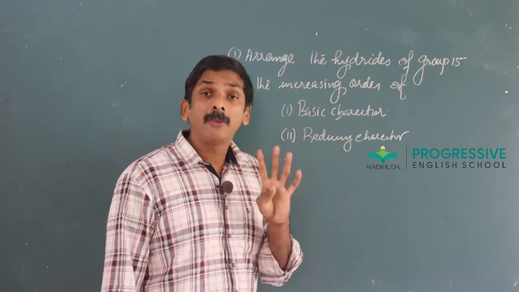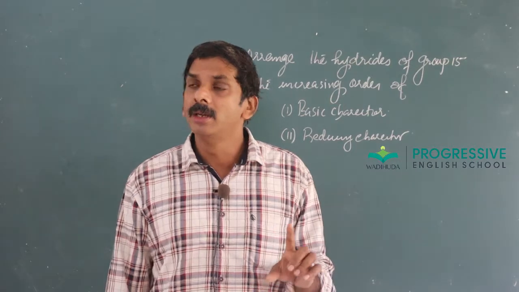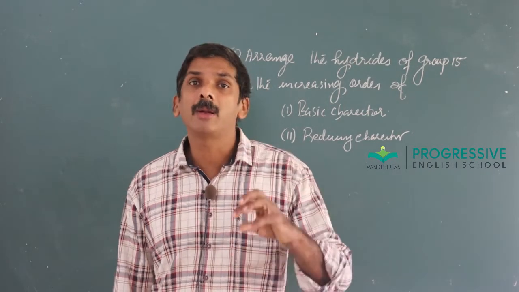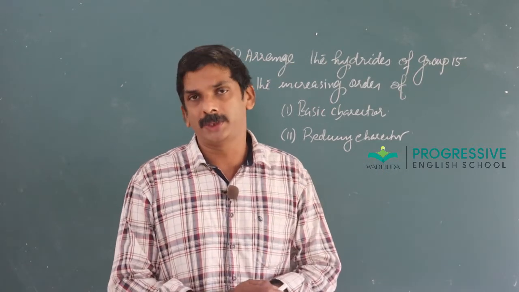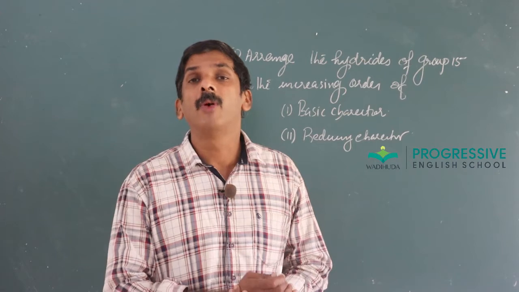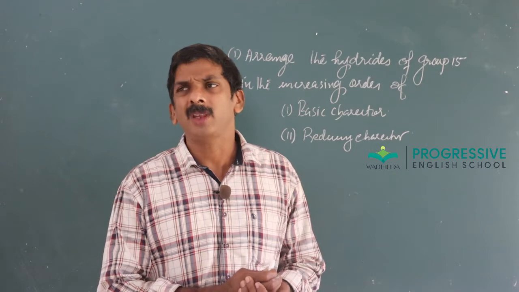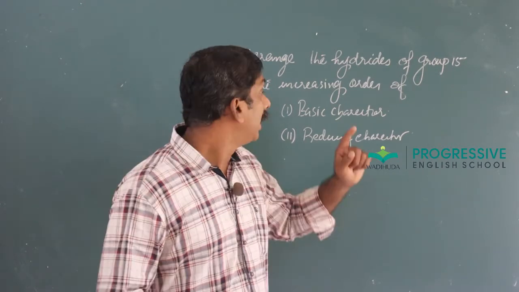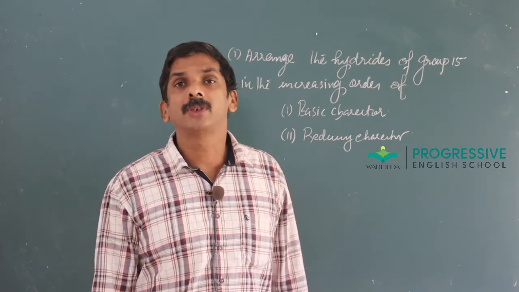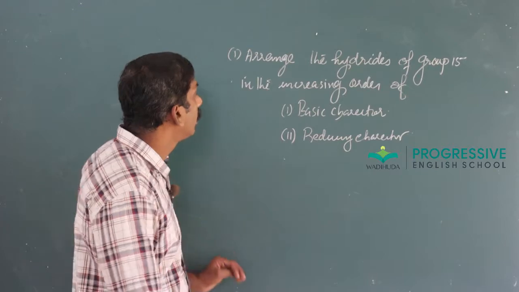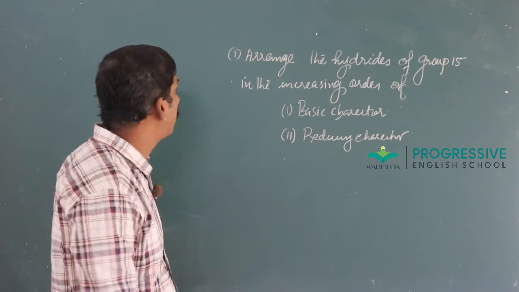Among these, three factors: thermal stability, bond angle, basic character are maximum for ammonia, and the reducing character is just opposite. Bismuthane is the most reducing hydride because the BiH bond is weaker, or in other words, the NH bond in ammonia is stronger because of the presence of intermolecular hydrogen bond. The correct order is maximum NH3 to least BiH3, and the order reverses here.